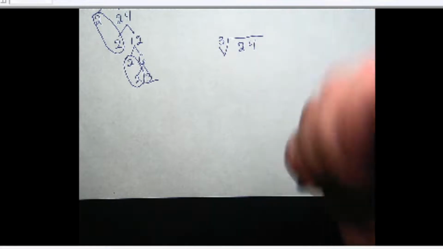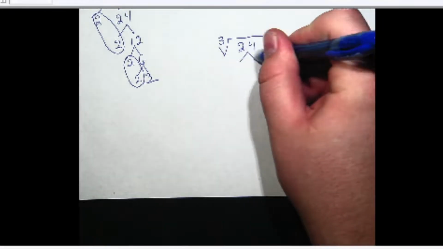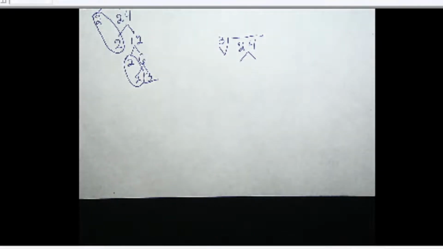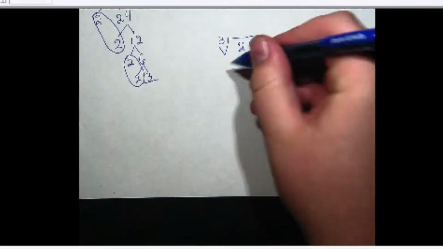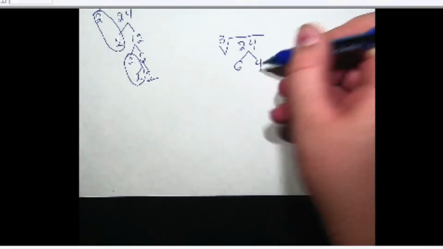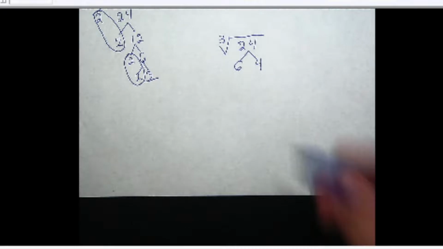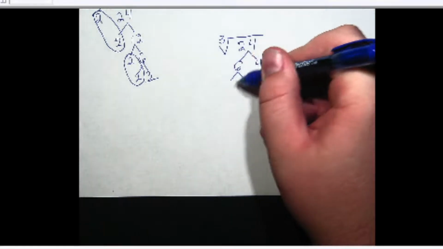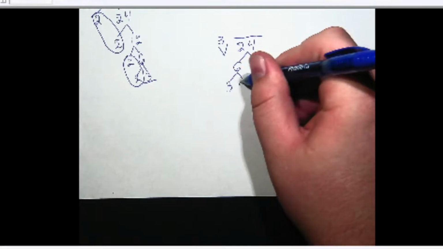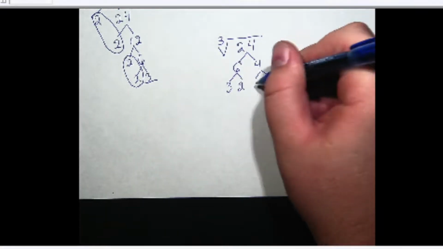We want to just break up 24. So what can we break it up as? Any 2 numbers that multiply to get 24. Okay. 4 and 6. All right, so we can break those up now. What can we break 6 up as? 2 and 3. How about 4? 2 and 2.